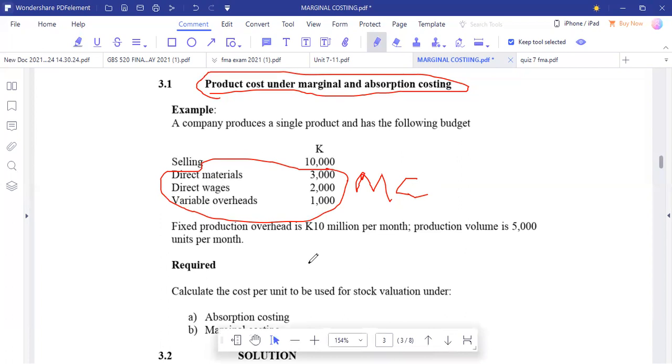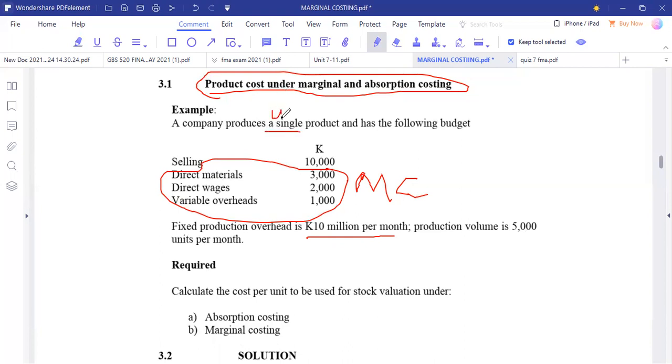When we get into absorption costing, we are going to consider the fixed cost. Fixed production overhead is 10 million per month. Production volume is 5,000 units per month. So we can find the fixed cost per unit, because here they're saying a company produces a single product, which means one product, one unit.